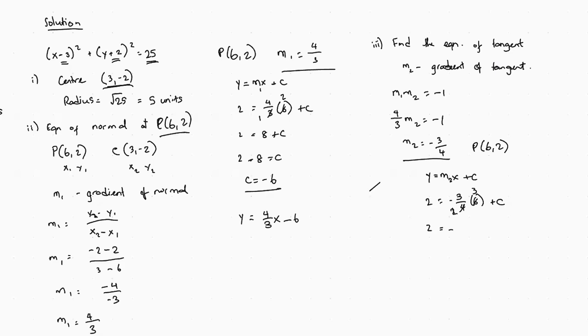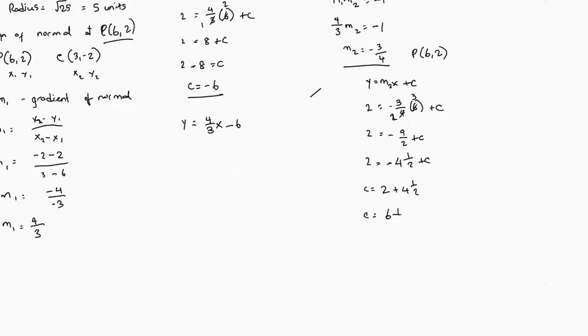That is minus 4.5 plus c. When you carry it across, you get c is equal to 2 plus 4.5, giving us c is equal to 6.5, or 13 on 2.